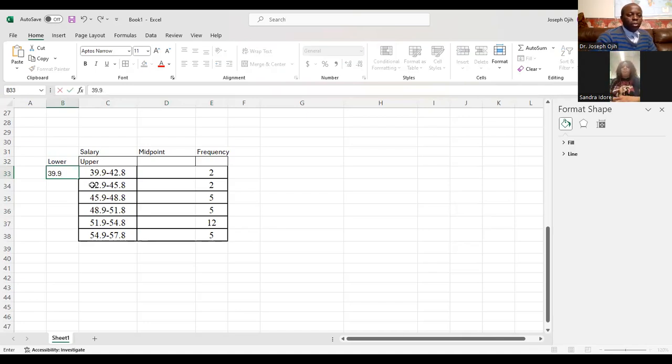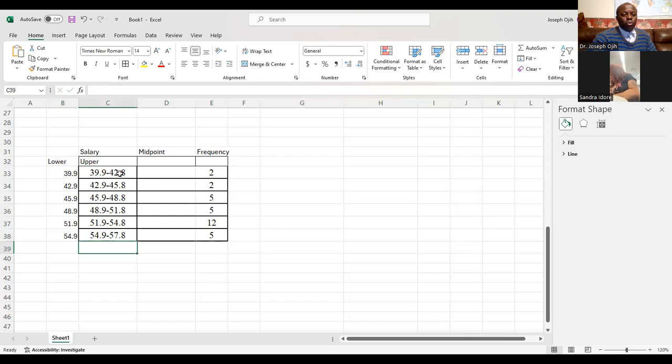The other one is 42.9, 45.9, and this one 48.9. This one is 51.9, and 54.9.